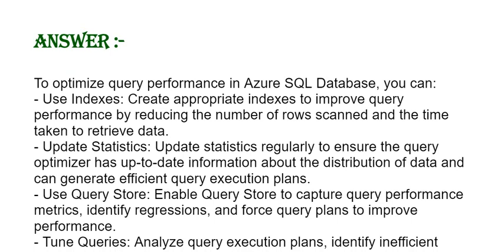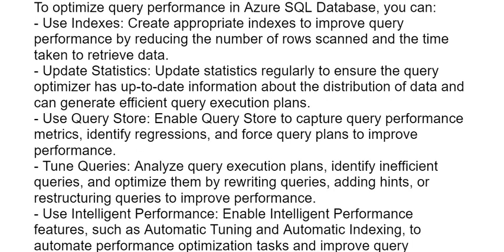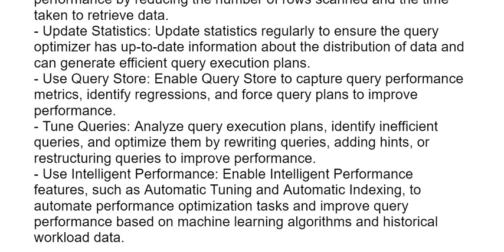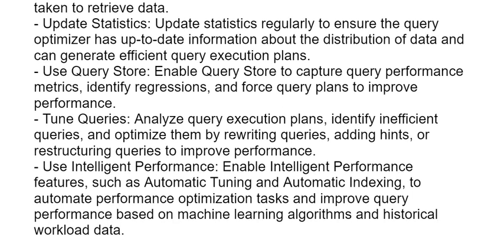Use Query Store. Enable Query Store to capture query performance metrics, identify regressions and force query plans to improve performance. Tune queries. Analyze query execution plans, identify inefficient queries and optimize them by rewriting queries, adding hints or restructuring queries to improve performance.